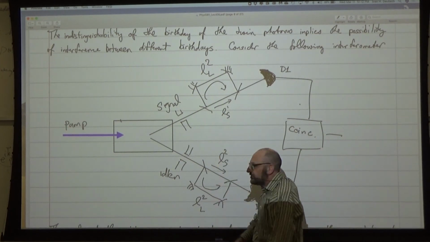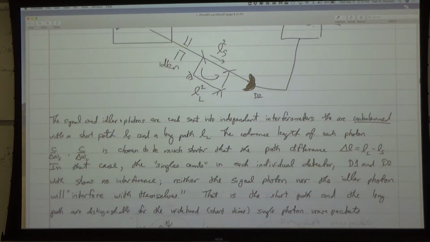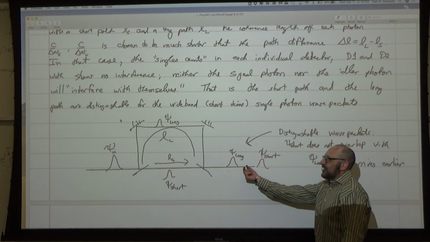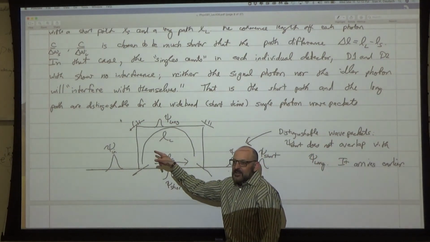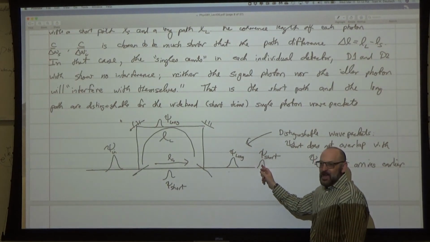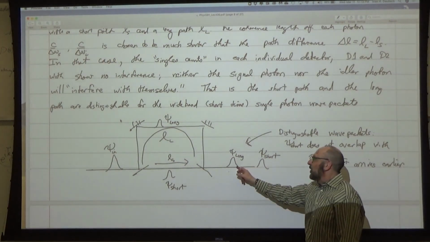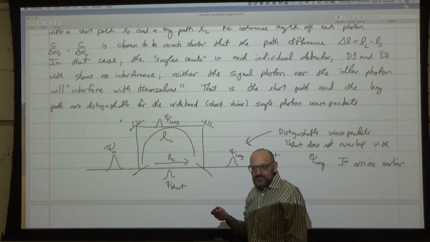Because the photon is such a short wave packet, and that wave packet is much shorter than this path difference. If I see the photon here, I know it went the short path. And if I see it later, I know it went the long path, because those are distinguishable histories. Yeah?